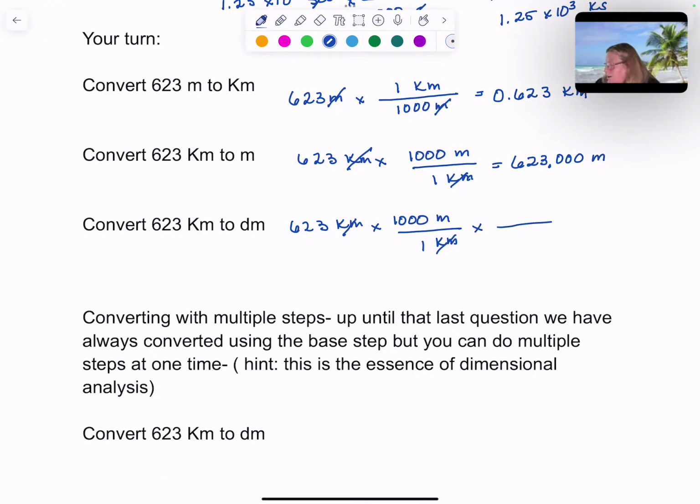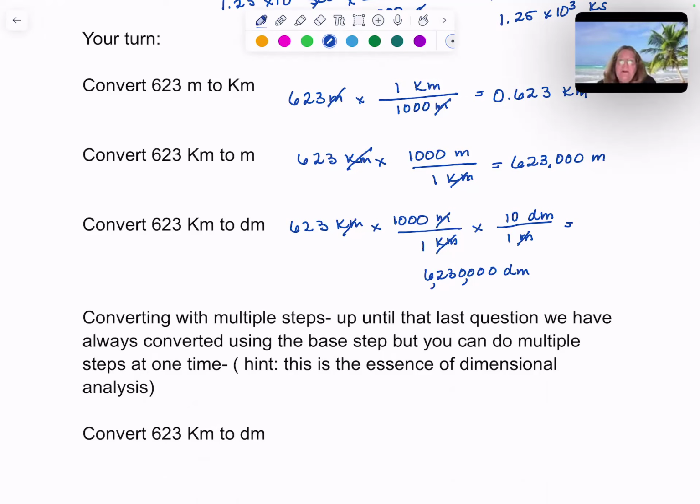So for every 1 meter, meter has to be on the bottom so it can cross cancel, there's 10 decimeters. So now we're going to take 623 times 1,000 times 10, because these meters are going to cancel out. So 6,230,000 decimeters.